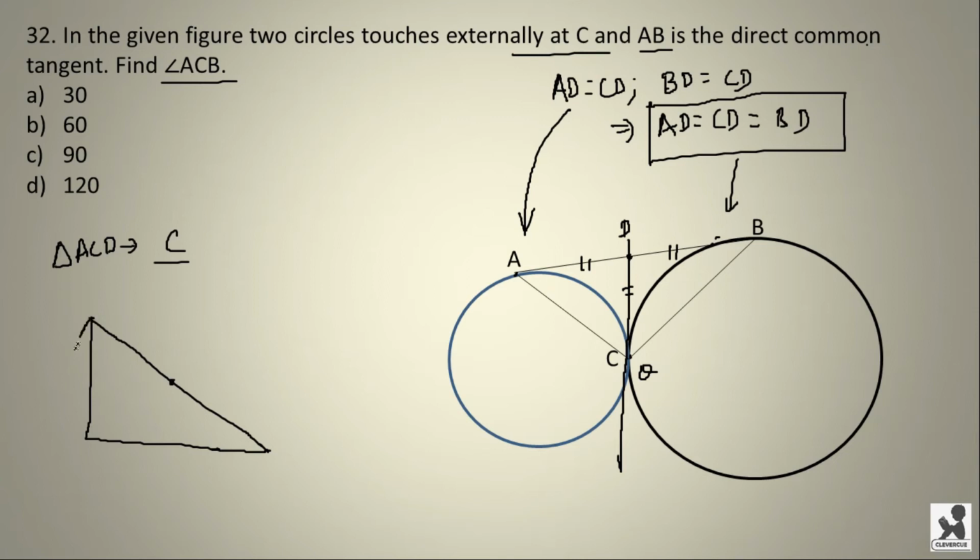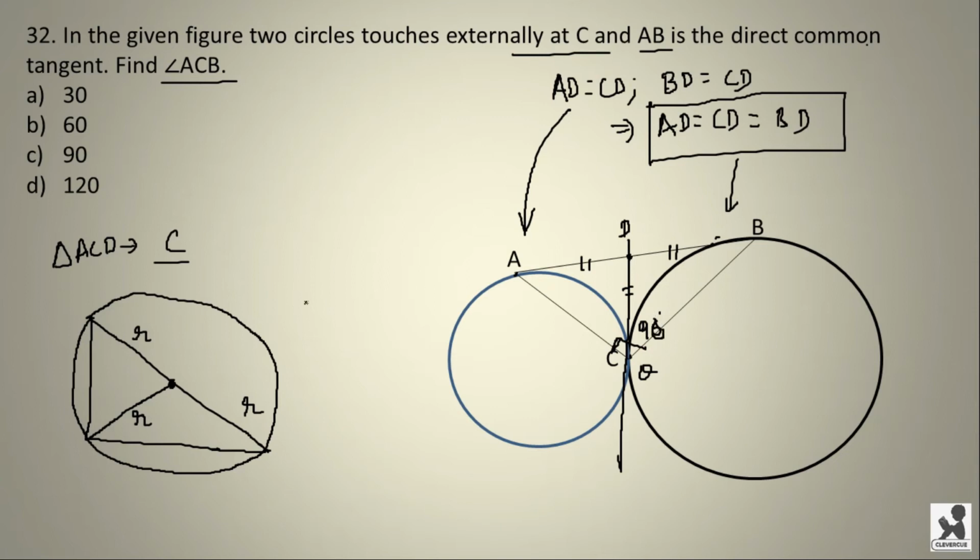So if this is a triangle and this is a circumcircle of this triangle, this is the radius, this is the center, and this is also a radius. This happens only with a right angle triangle. So from this we can say that angle ACB is 90 degrees.